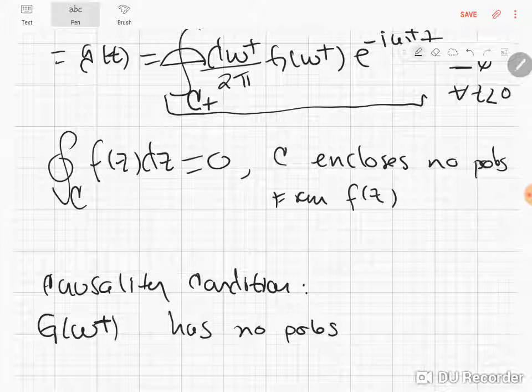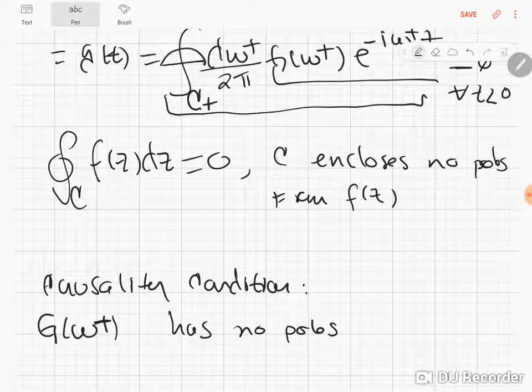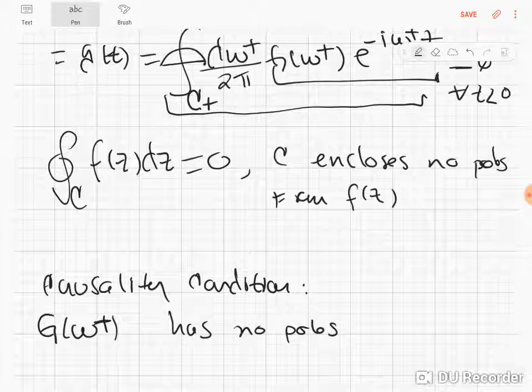The poles of the exponential function will lie on the negative imaginary side.